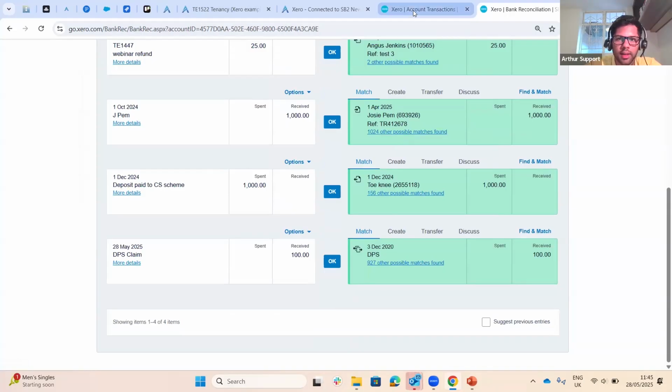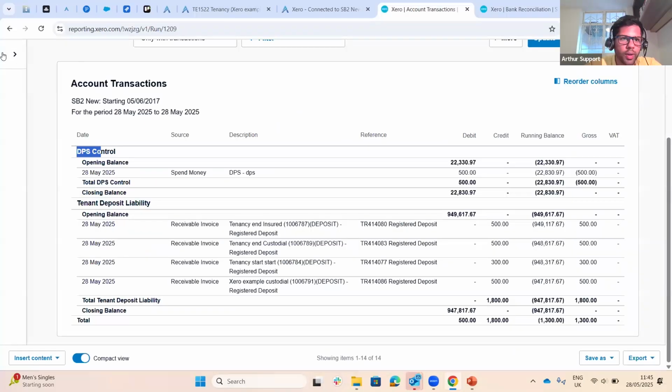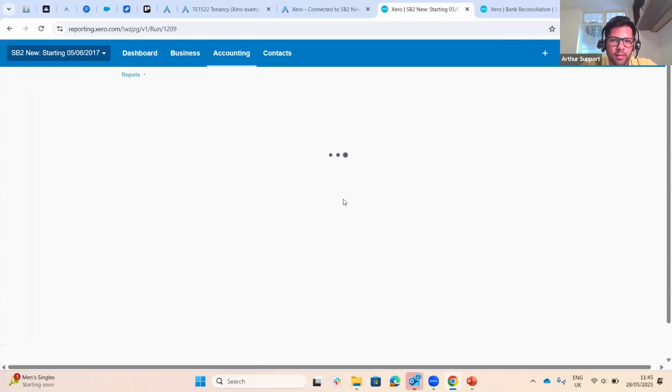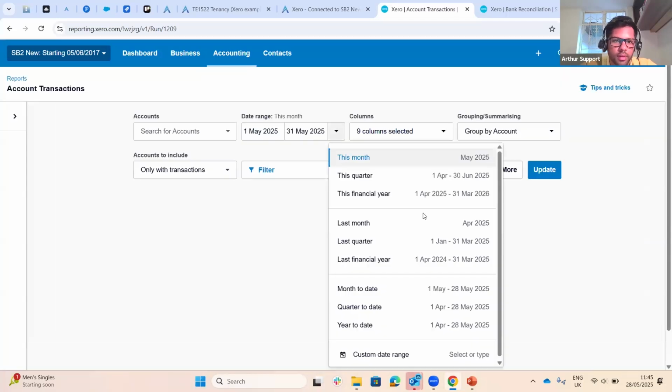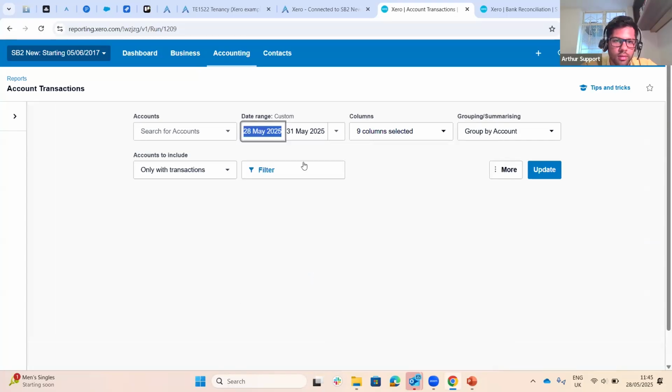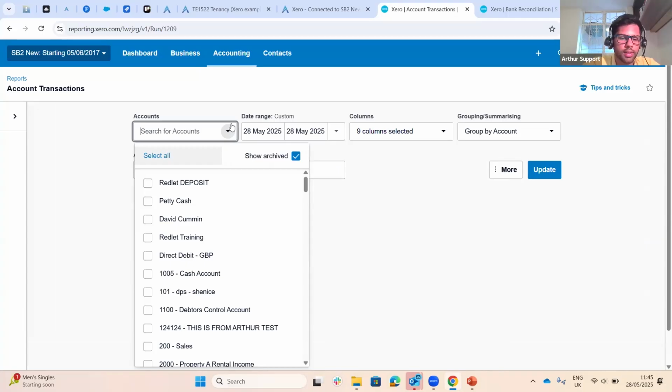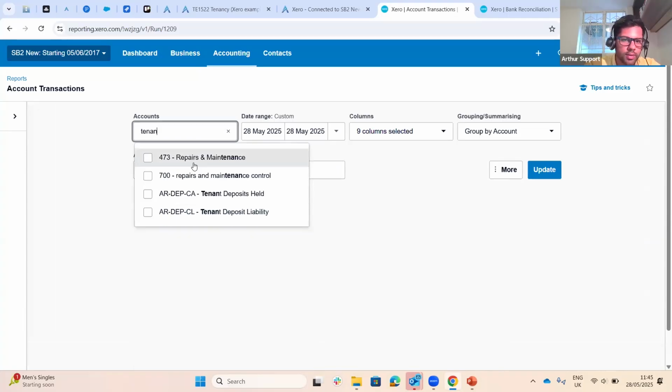So once you reconcile that, if we go back to this report and refresh it, what that then does is it creates a debit balance. Let's put today's date. Put the two liability accounts, tenant deposit liability and DPS control.